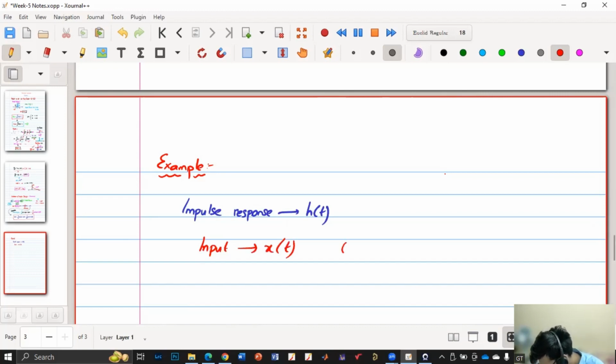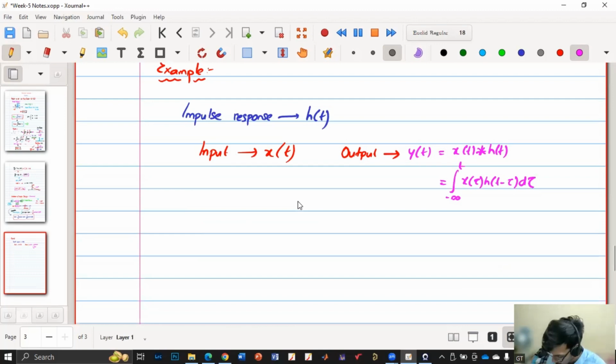What is my output? My output y of t is equal to x of t convolution h of t, which is also integral from minus infinity to t of x of tau h of t minus tau d tau.